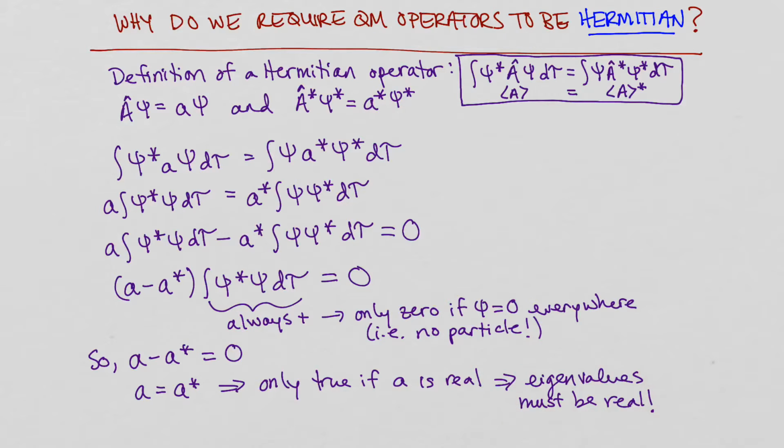That is why we have that requirement that all of our quantum mechanical operators must be Hermitian. So if we know we have a Hermitian operator, then we know that we have real eigenvalues, and we also know that this situation up here holds as well, where the average value of our operator is equal to the complex conjugate of the average value of that operator.